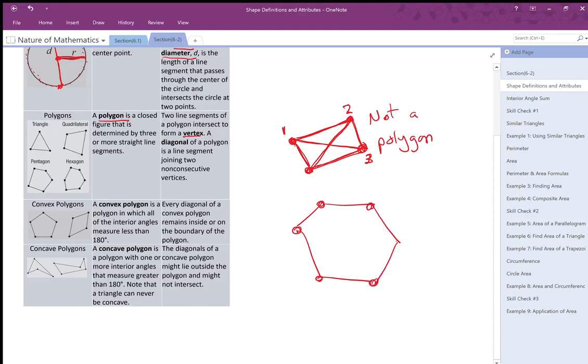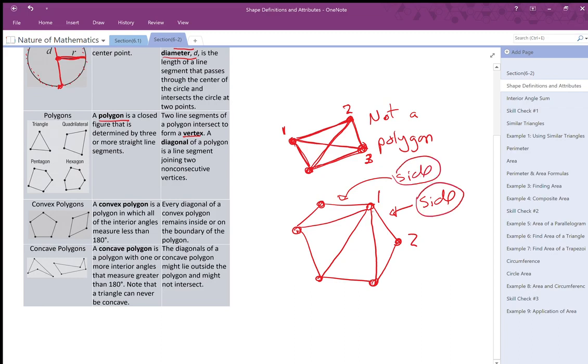So we see that vertex 1 and vertex 2 are adjacent, so if I wanted to draw a diagonal, I would have to draw it to anything except the adjacent ones. The adjacent ones, when we combine them, give us a side. The non-adjacent ones, when we connect them, give us diagonals.